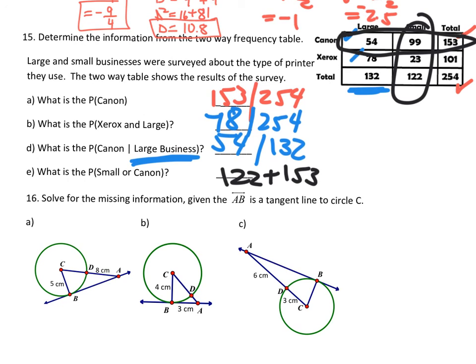But the problem is that we added that 99 twice. We see that that 99 overlaps for the Canon and the small. So we have to take away that 99. So when we do that calculation, that's how we get 176 out of the total 254 that we've been having.